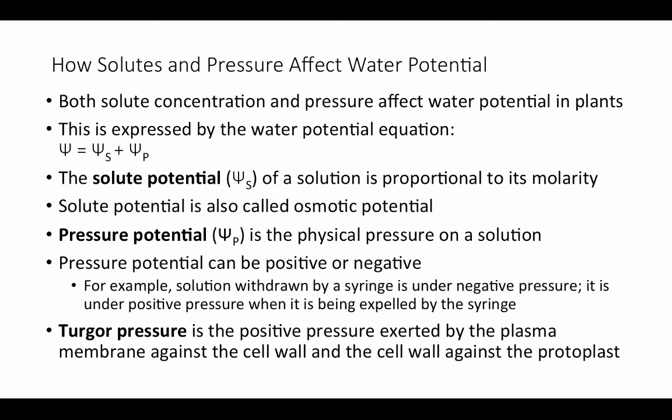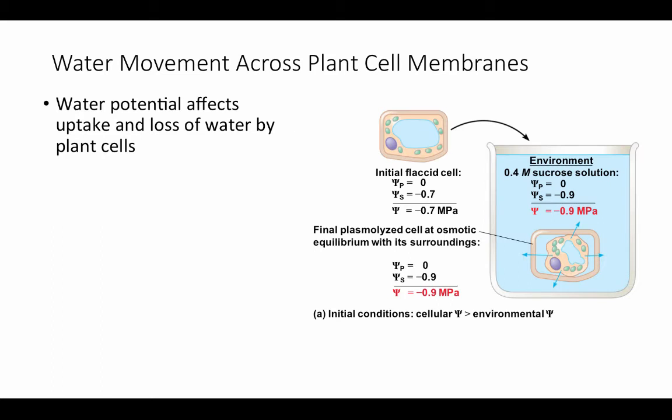It's a pressure due to the increase in volume of the protoplast, this living part of the cell, including the membrane and the contents. So the increasing volume of the protoplast pushes against the cell wall, and the cell wall resists that pressure.